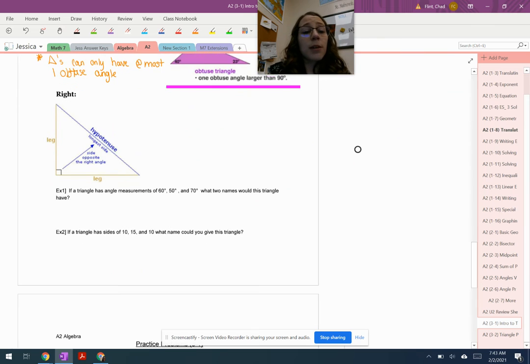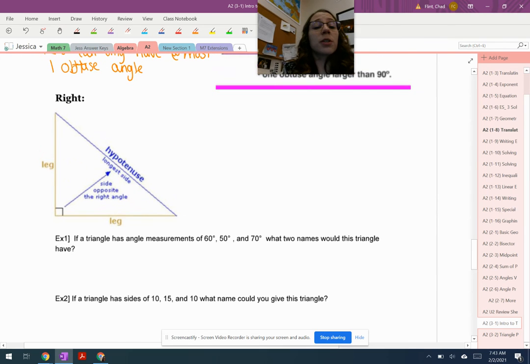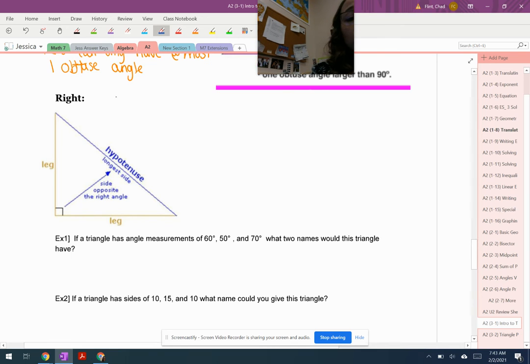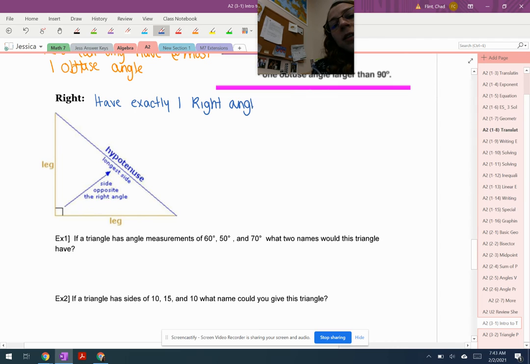And then last but not least, we have right triangles, which we're actually going to spend quite a significant amount of time on. Right triangles have exactly one right angle, which is equal to 90 degrees.